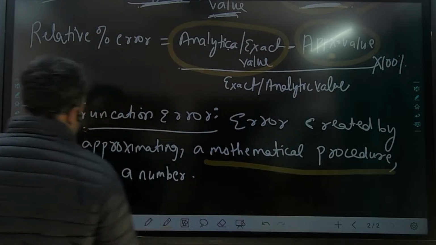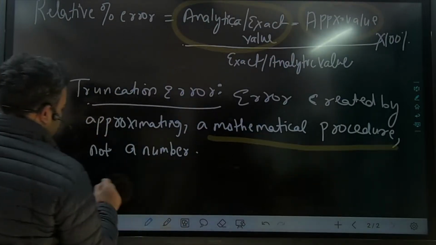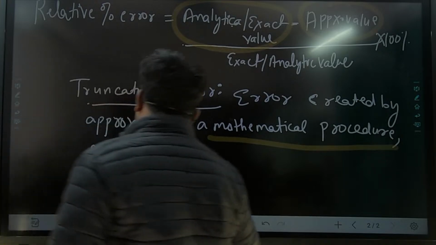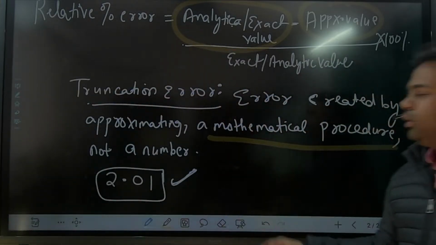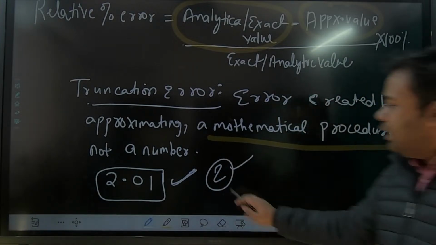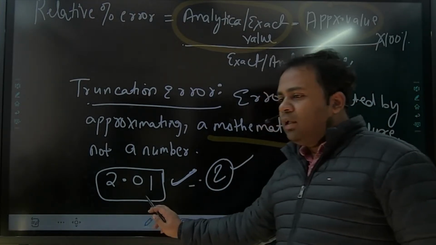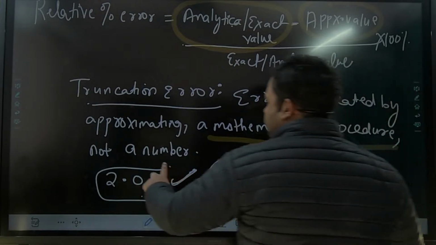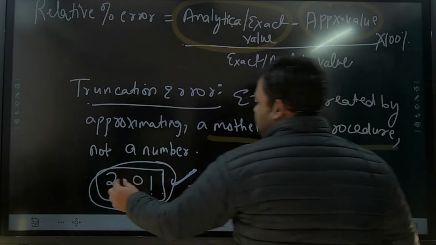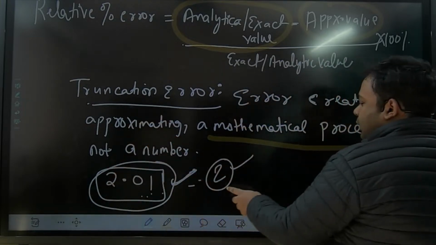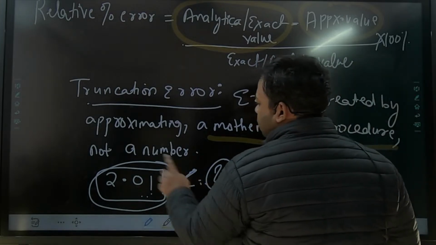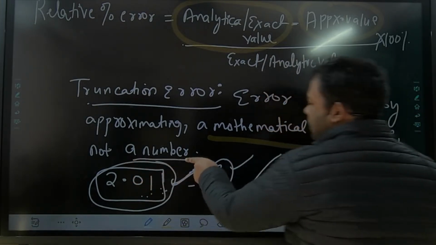We can get error in both ways also, right? Suppose you get 2.01, the exact value, but finally you took 2 to work with for proceeding forward. So this error you're getting is due to the approximation in the final value. 2.01 was the actual answer, but to reduce complexity you just took an integer value 2 and proceeded forward with your further working. So this is not truncation error, this is just an error coming from the approximation in a number, right?